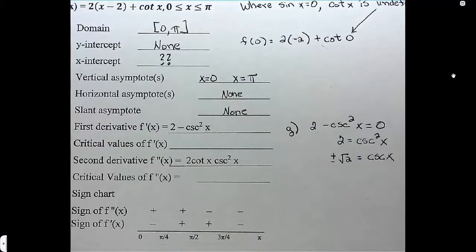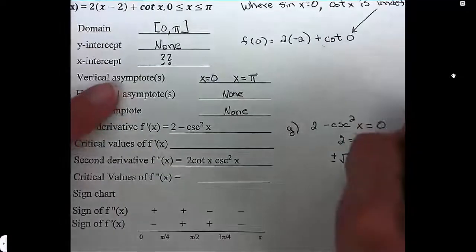Can I solve that without a calculator? The answer is yes, but how? Cosecant is 1 over sine. So sine will be the reciprocal.